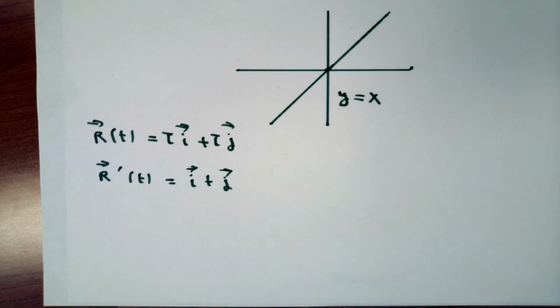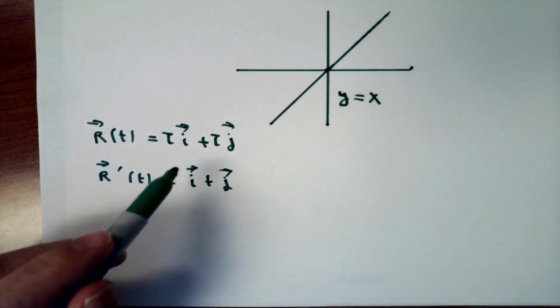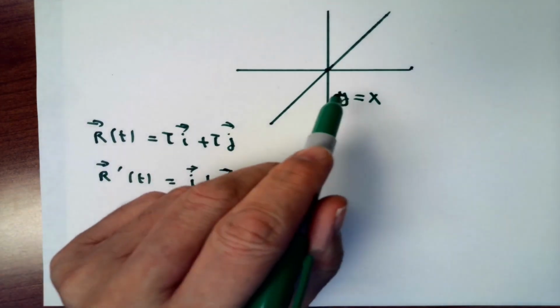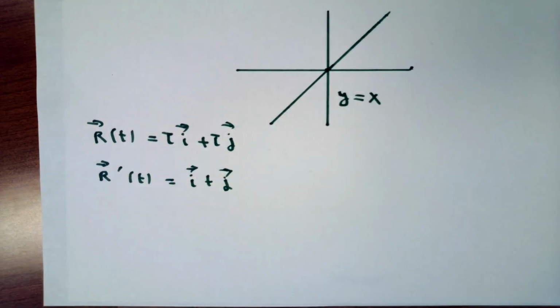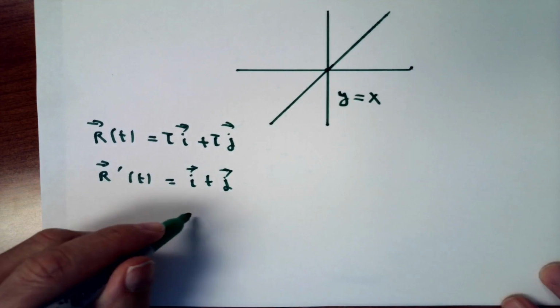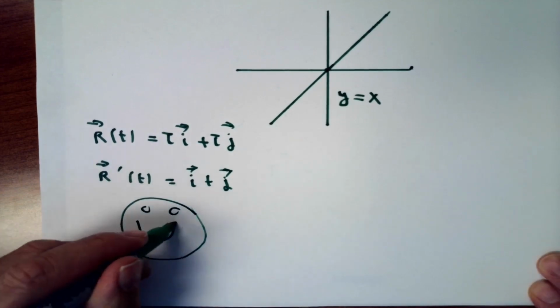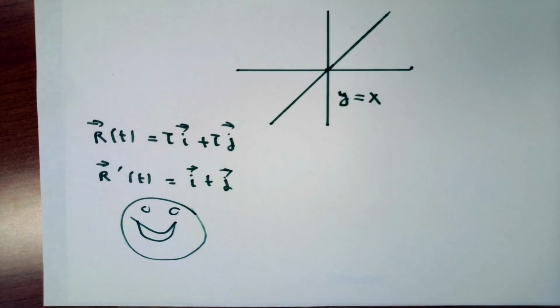So this curve, which is this vector-valued function together with the picture, is smooth on all intervals of numbers. This is the international symbol of mathematical happiness.